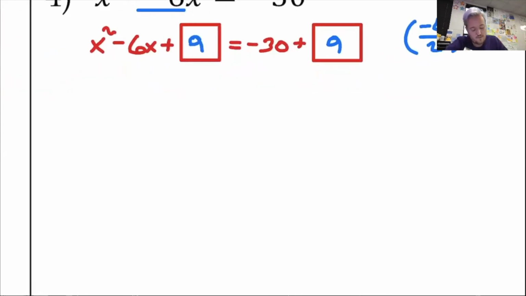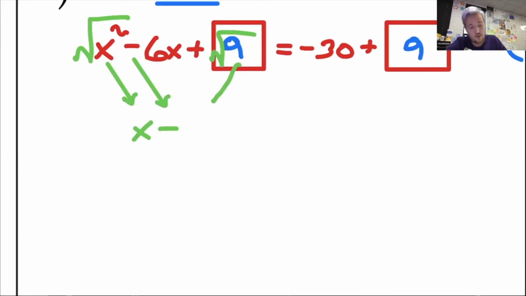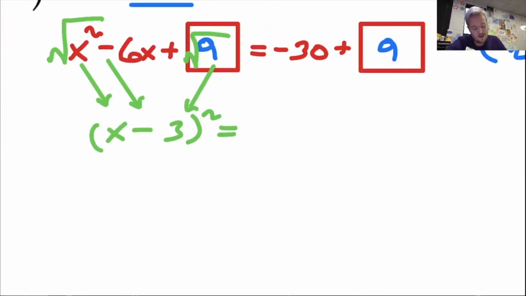All right, so now if I factor the left side, square root of x squared, that gives us x. Keep the sign of the b, which is minus, and keep this, square root of the last term, which is 3, then square it. And the -30 plus 9 is going to give you -21.